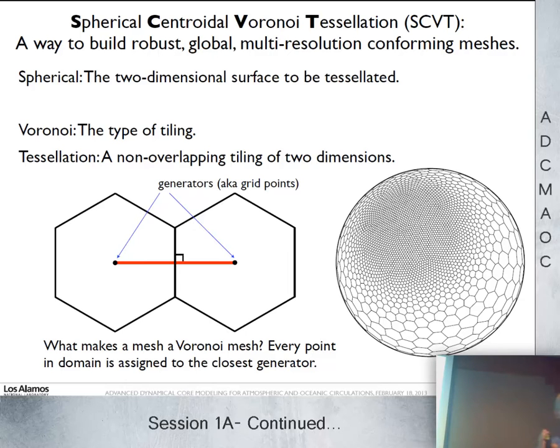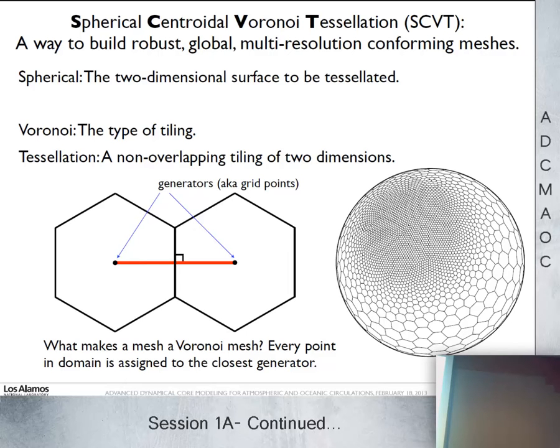And now what you do is you go to every point on your surface and you find the closest grid point. We call them generators. For every point on your surface, you find the closest generator, and you assign that point to the closest generator. And when you then draw the boundary of every generator, you have a Voronoi mesh.